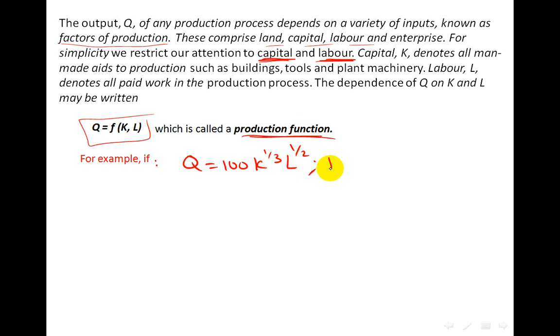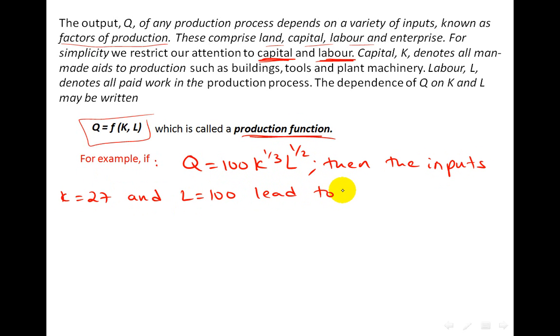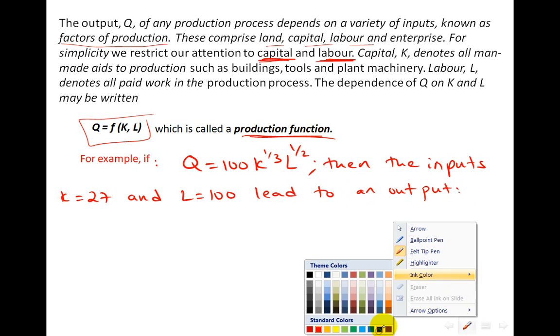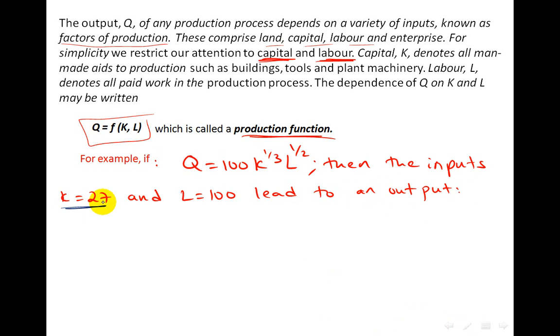Then let's say that I'm going to give you the amount of input, and K is 27 and L is 100. So I want to know what output these inputs are going to lead to.